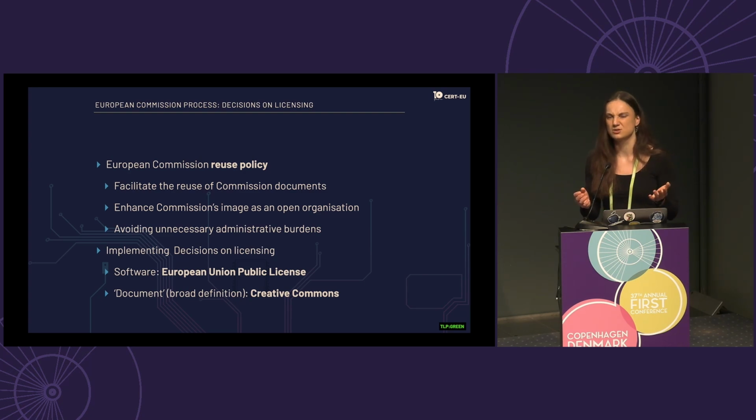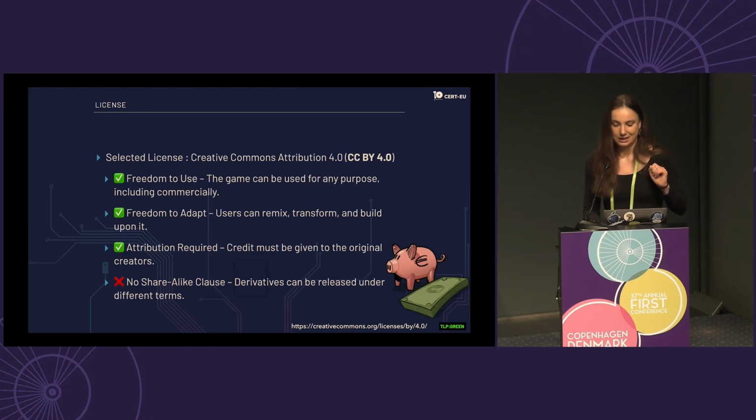It covers almost all of the other assets I named before. So also audio, video stuff, brands, inventions, etc. And for that, it was decided to use by default a Creative Commons license. And also it is possible to deviate from this default option, but it requires some justification, etc. So we thought, let's not make it more complicated and go for the default.